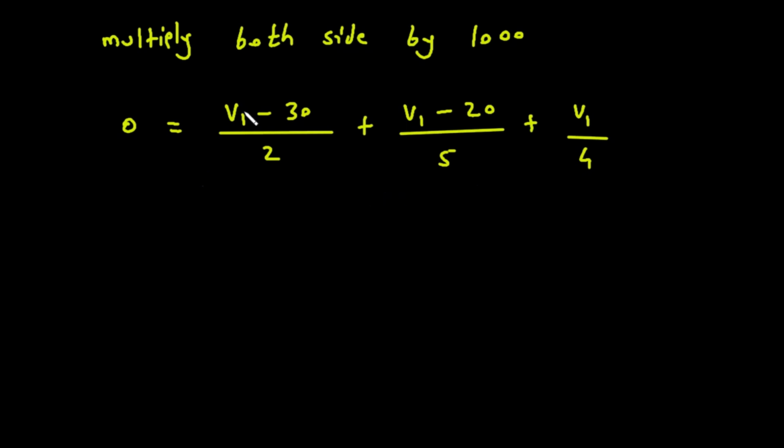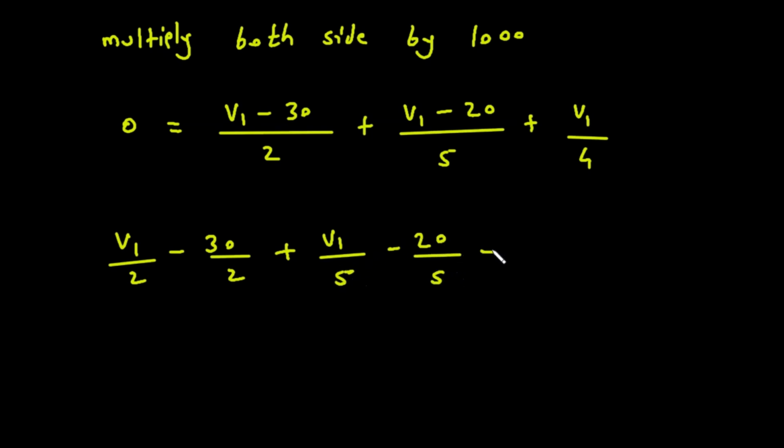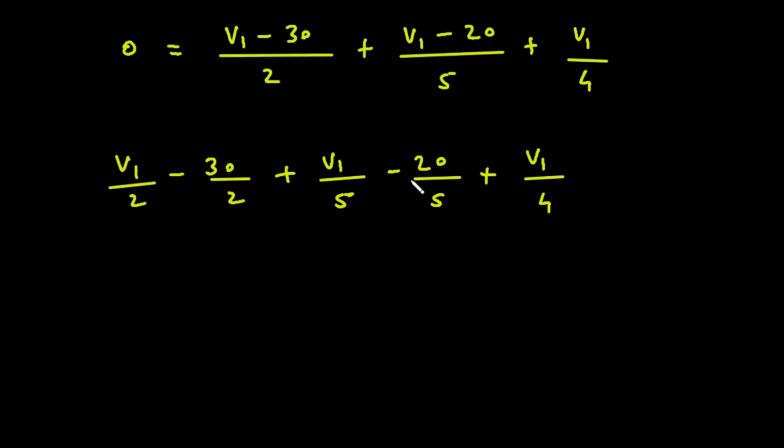So next, let's simplify this now. V1 by 2 minus 30 divided by 2, then plus V1 by 5 minus 20 by 5 plus V1 by 4, and it is equal to 0. We can take V1 common.